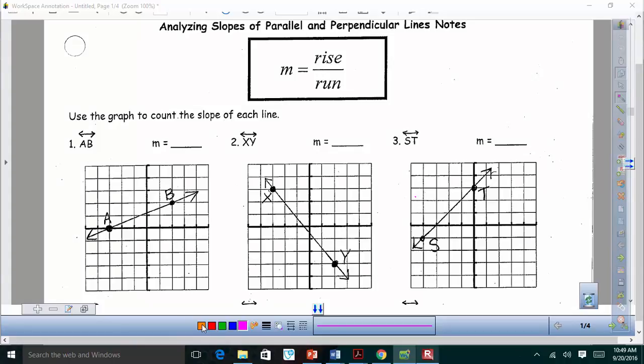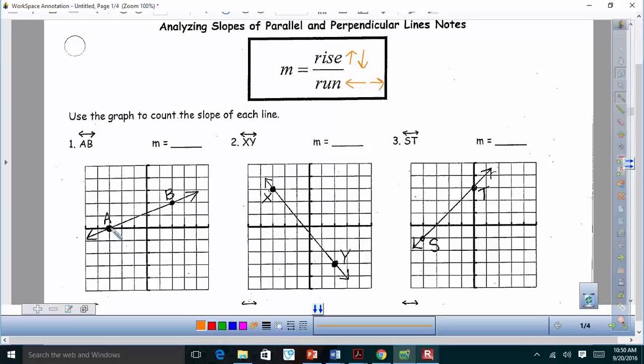Slope first, just looking at graphs. So looking at number 1, if we want to find the slope of line AB, I would start at A and figure out where I go to B. Remember, we always want to do our rise, which is either up or down, before we do our run, which is right or left.